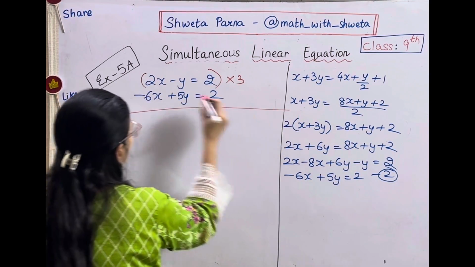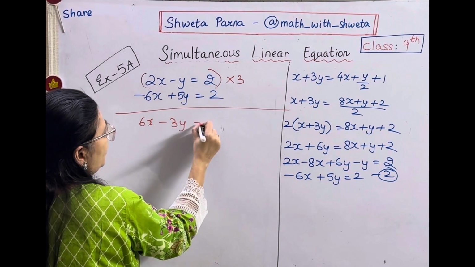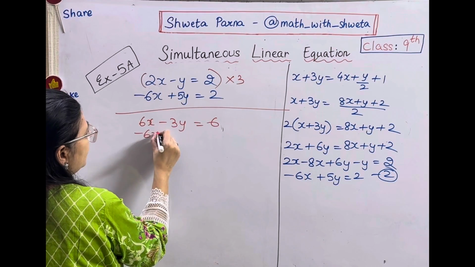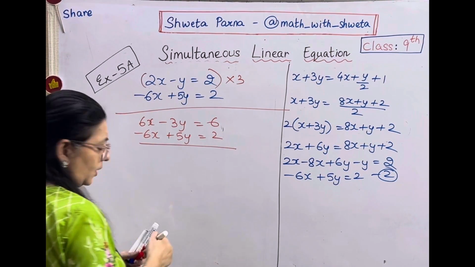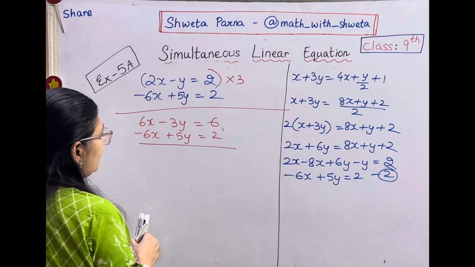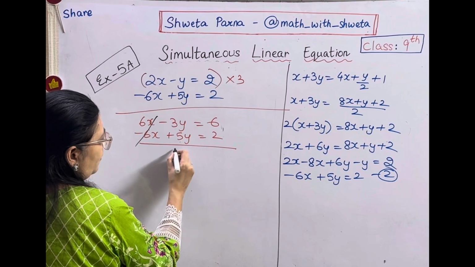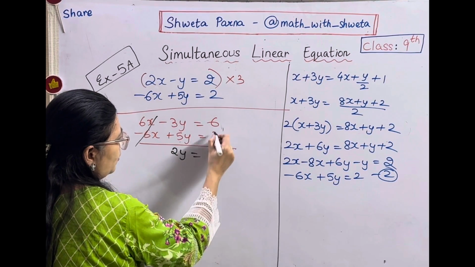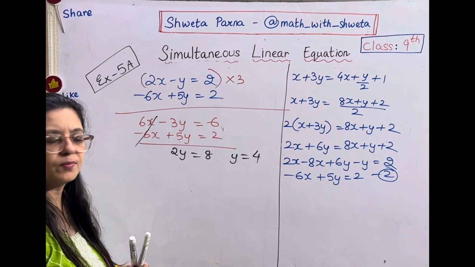So when you multiply, you will get 2x into 3 is 6x minus 3y is equal to 6. Minus 6x plus 5y is equal to 2. Right? Now what will happen? 6x minus 6x gets cancelled. Minus 3y plus 5y is 2y is equal to 6 plus 2 is 8. So y is equal to 4.